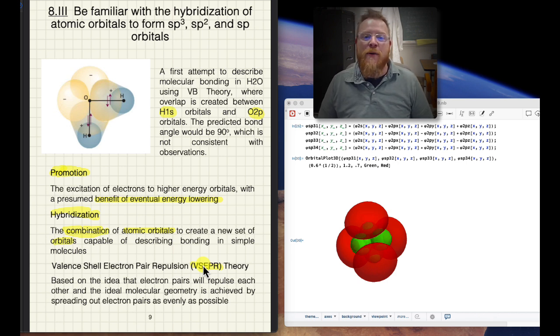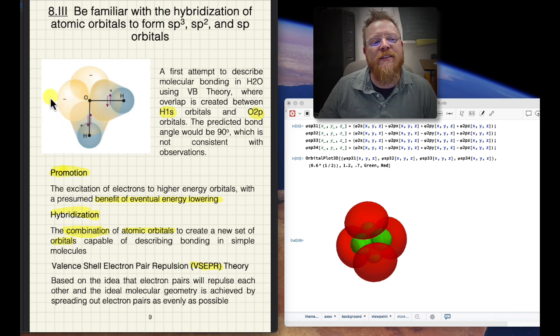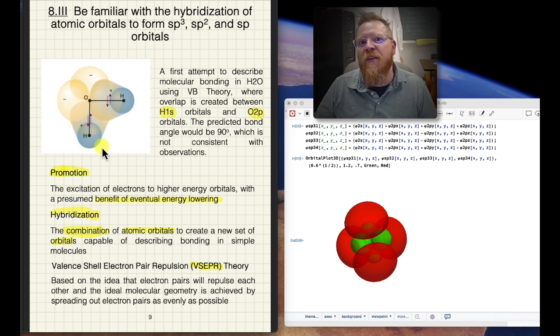That approximation is based on the idea that electrons will repel each other, so they want to spread out as much as they can. So in this case of oxygen making this 90-degree bond angle, we know that it can make a larger bond angle. It can spread out a bit. So something a little bit more complicated is going on than simply combining s orbitals and p orbitals.